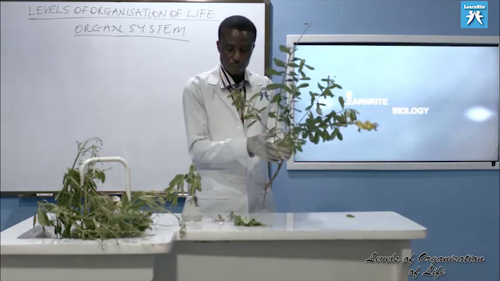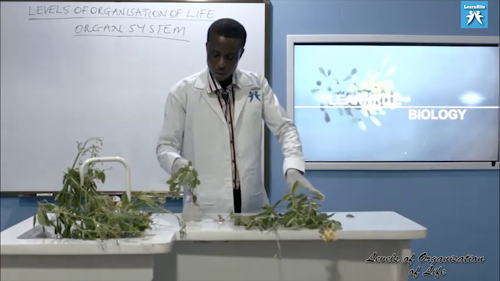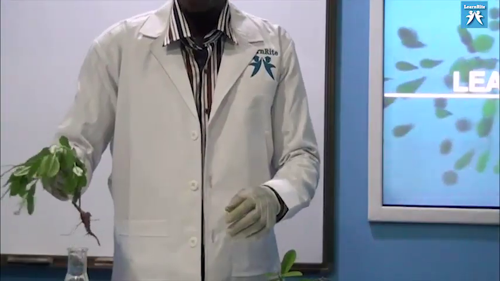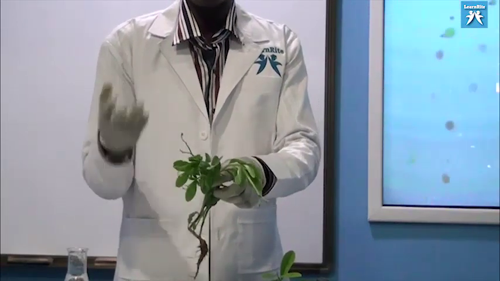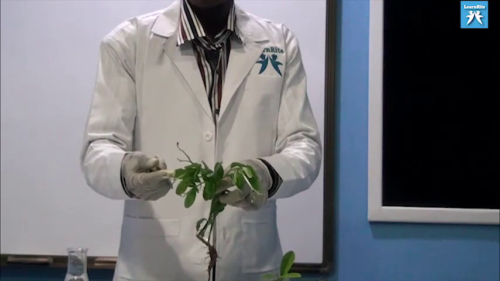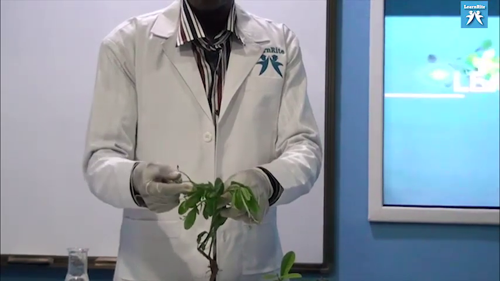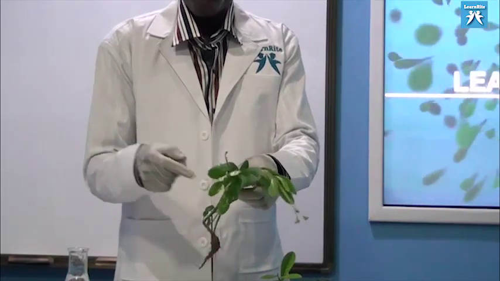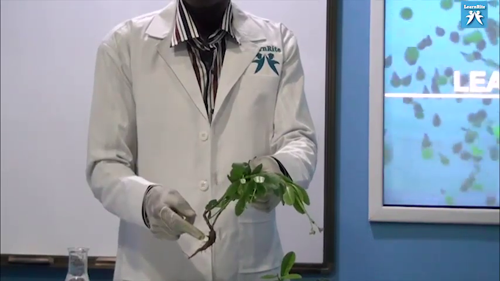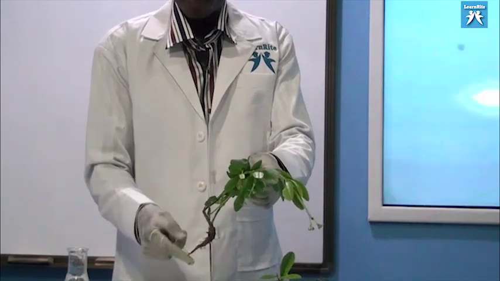So this is an organism. We also have a whole organism of Talinum triangulare. What can you observe here? Observable features: flowers, leaves, stem, roots, tap roots.